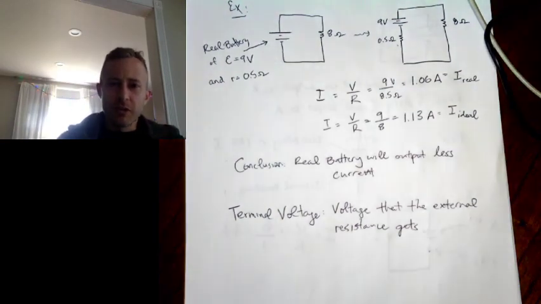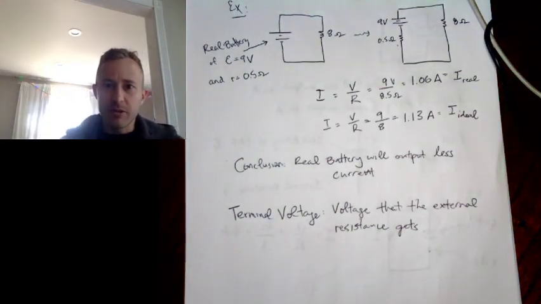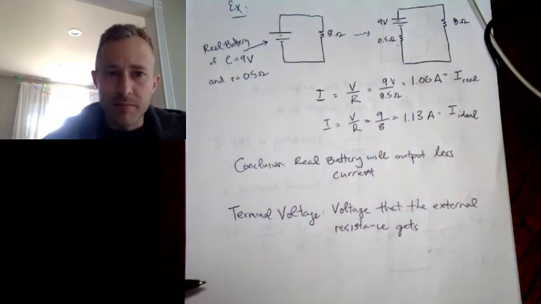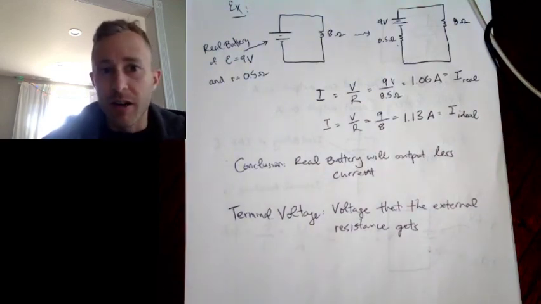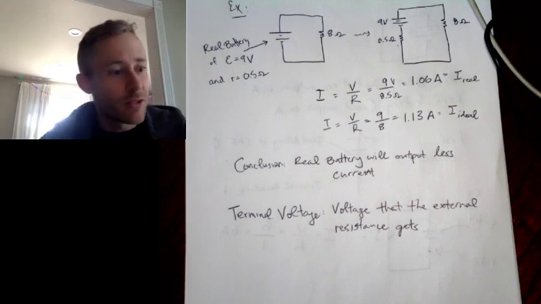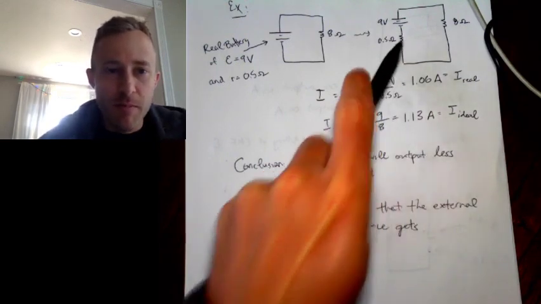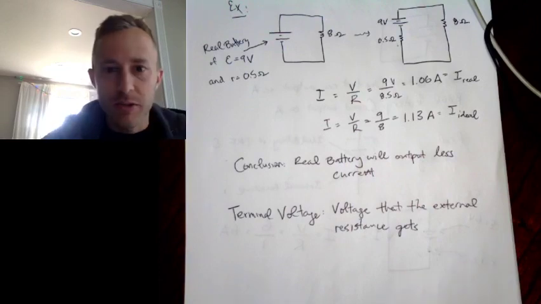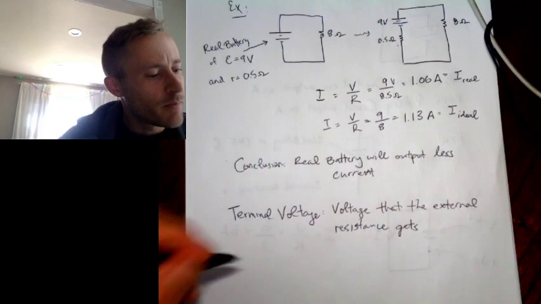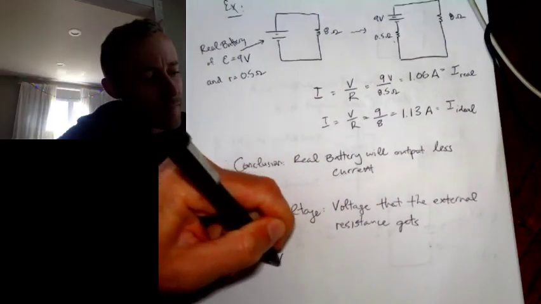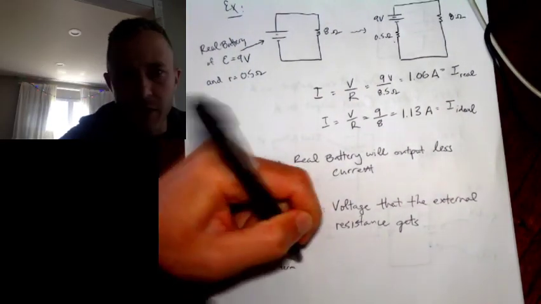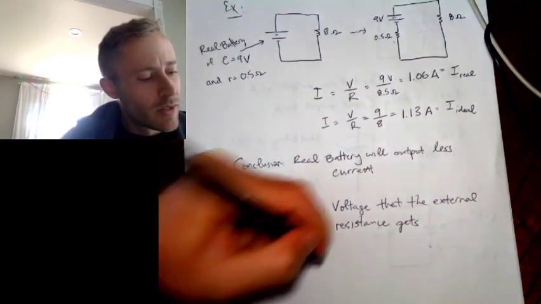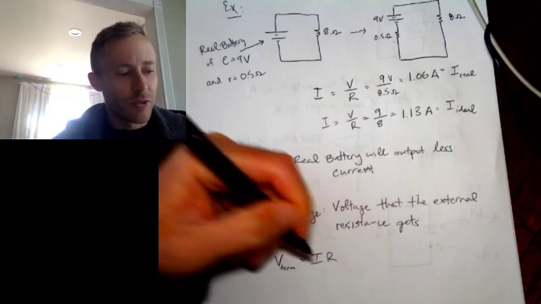The terminal voltage is the voltage that the external resistance gets. So in this case, the 8 ohm resistor. The observant student will realize that this circuit is actually a voltage divider with an 8 ohm resistor and a 0.5 ohm resistor. So if I calculate the terminal voltage, it's going to be the current that flows in the circuit times the resistance. So it's just Ohm's law.